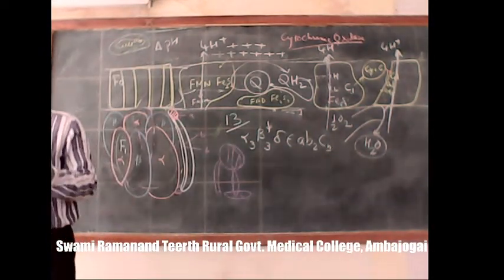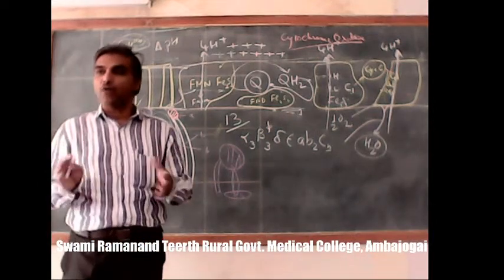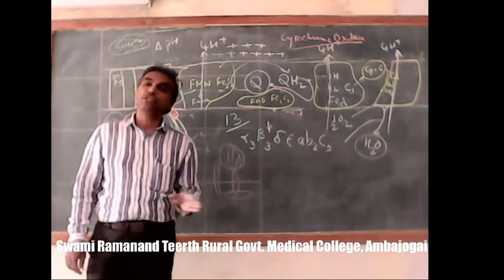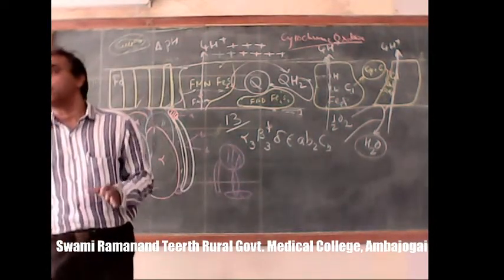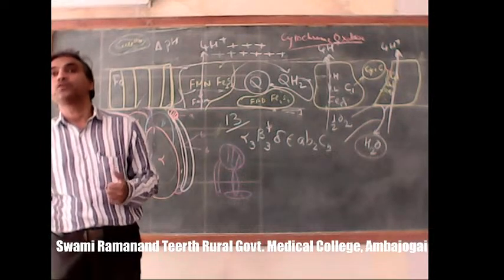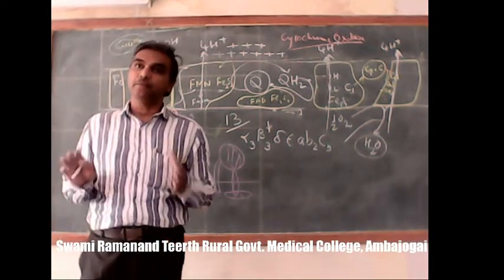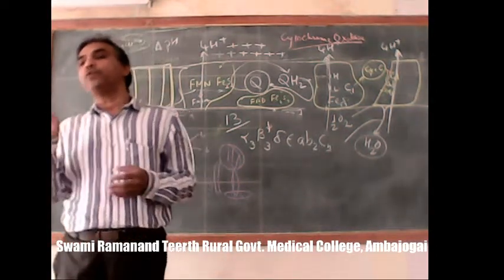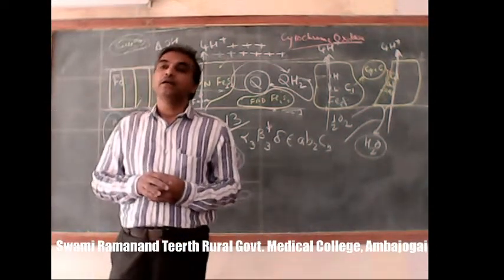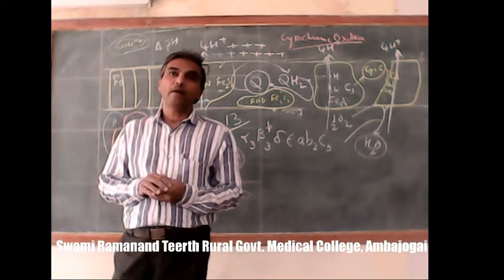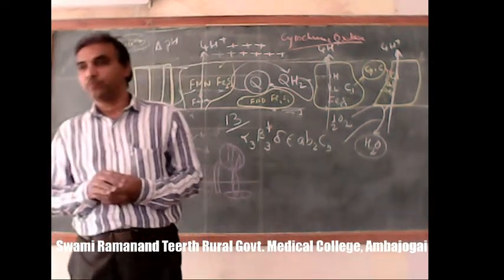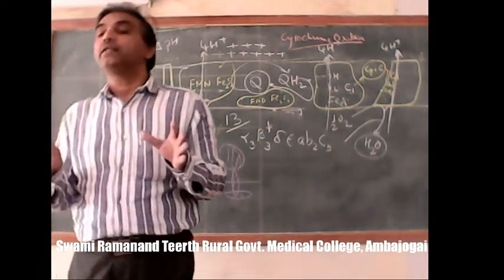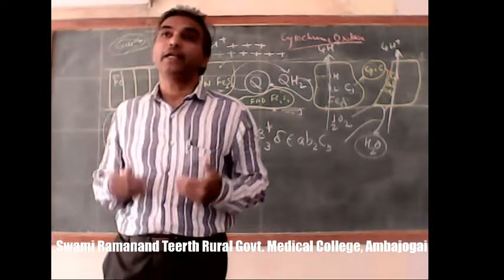So the total number of subunit types of ATP synthase is 13. Out of these 13 units, remember that 4 units are encoded by mitochondrial DNA.